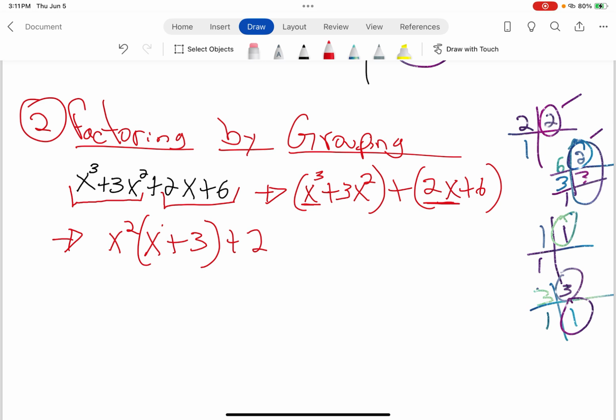You don't have to rewrite. There is no greatest common factor in terms of variable, because there is nothing in common in terms of variable on both sides. So the greatest common factor here in terms of number and in terms of variable is 2. There is only a greatest common factor in terms of number.